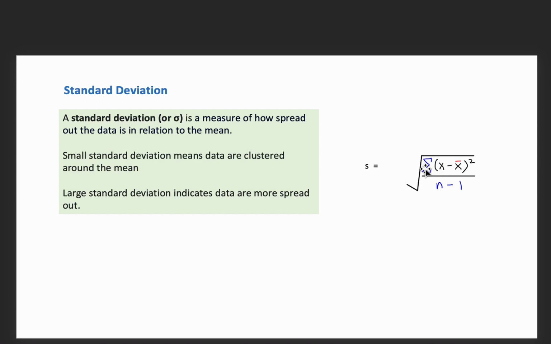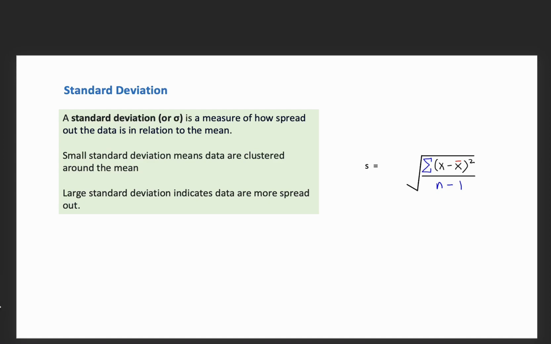You add all those up, you get the sum of the squared deviations. You take the average. Problem, the units are wrong. If your units are grams, the units will come out grams squared. That's not good. So we take the square root, and we're back to the original unit, grams. That's all I can tell you about the formula, and don't worry, you don't have to do it by hand.